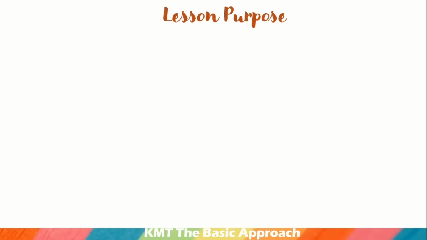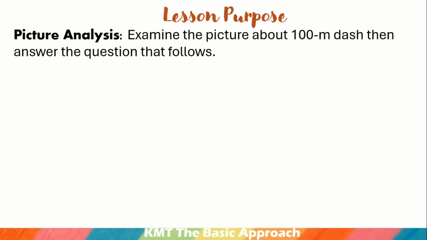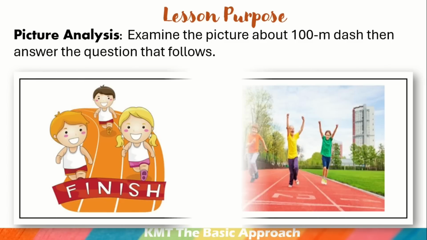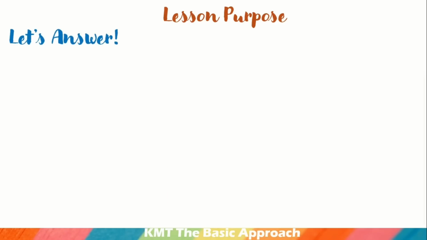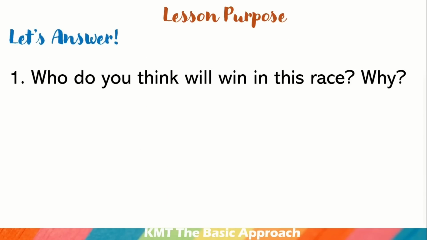Lesson purpose. Picture analysis. Examine the picture about 10-meter dash, then answer the question that follows. Now let's answer. Number 1. Who do you think will win in this race? Why?